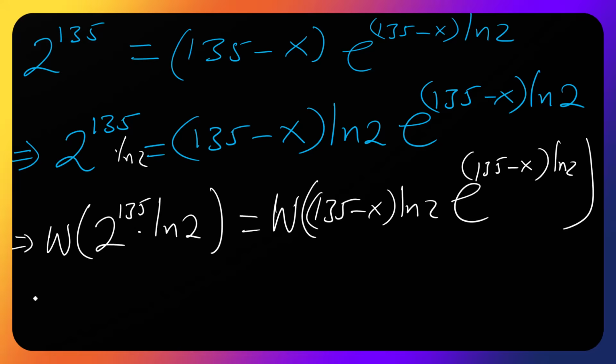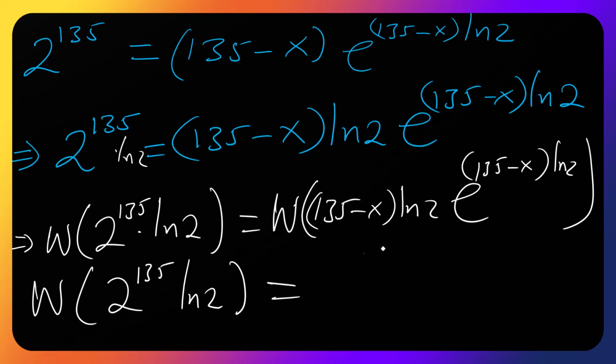So this side remains as 2 raised to 135 ln of 2, and the W function of this gives 135 minus x times ln of 2.